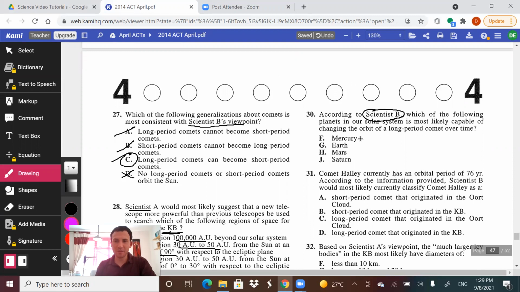So it's not going to be any of these because these are smaller, rock-based planets. So a little bit of background knowledge, but Saturn would be far out enough in our solar system to, according to scientists, have enough of a gravitational pull to pull in a comet from the Oort cloud.